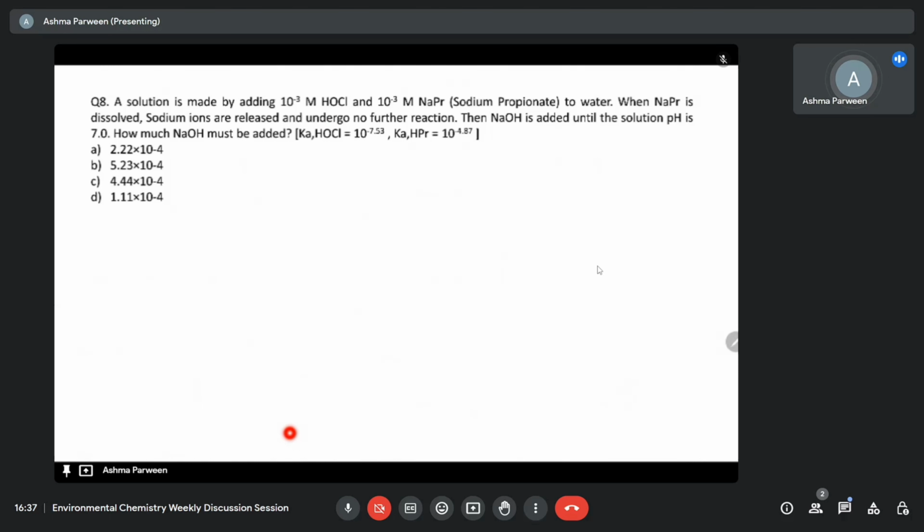Now in question number 8, we are given a system where we add some salt or acid, and the final pH is 7. We have to find out how much base, NaOH, we must add to the system. So we have to do back calculation, finding the quantity of NaOH added to get a final pH of 7. Let's see how we can solve this question.